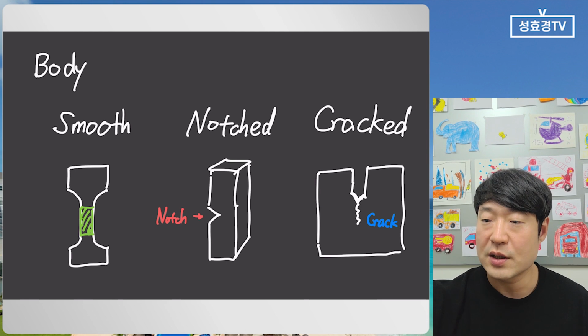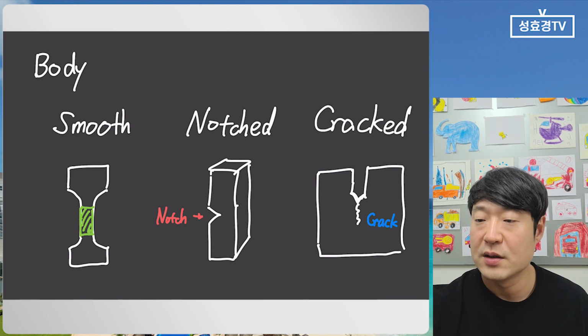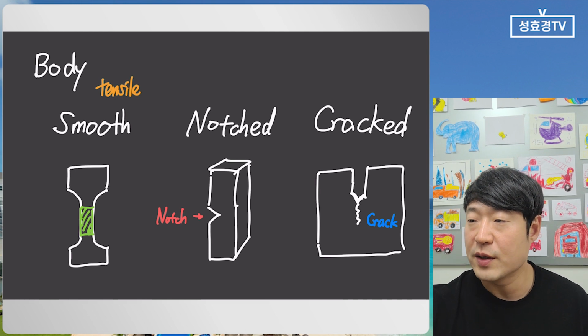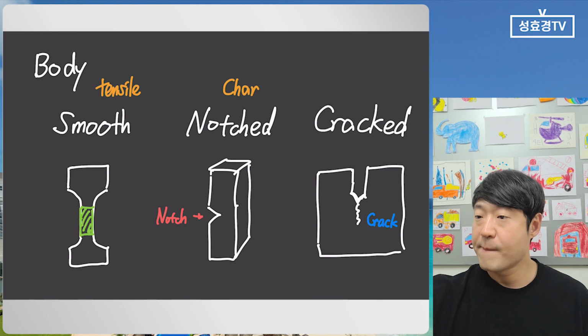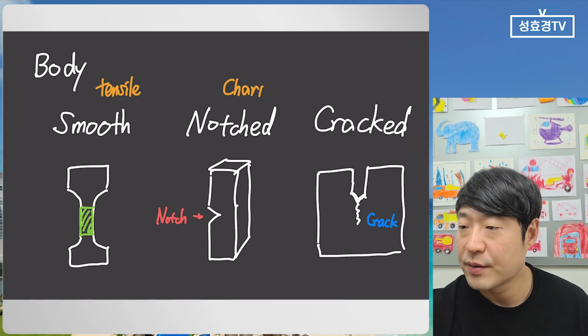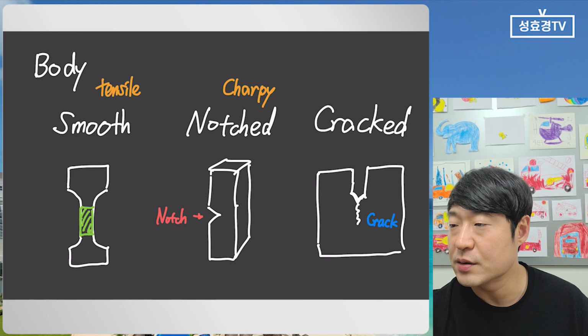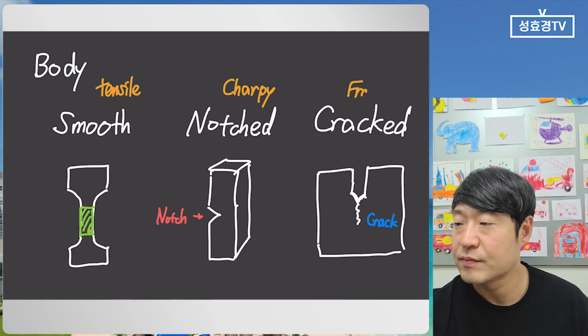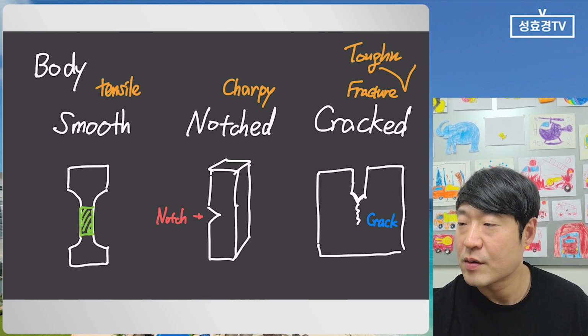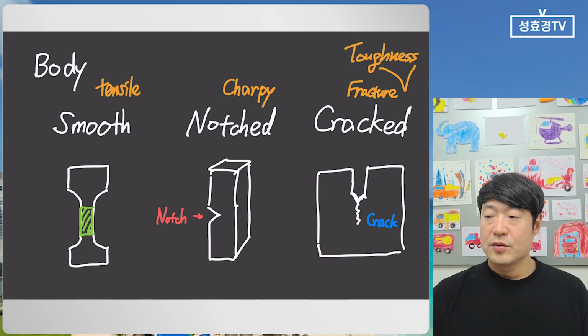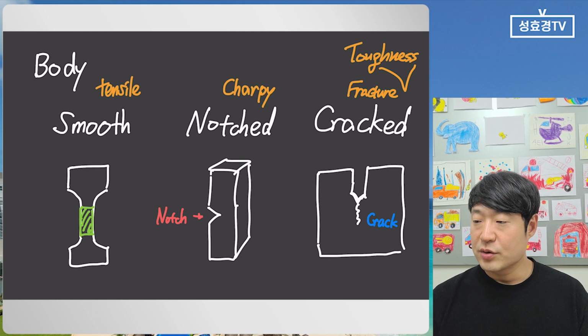So usually the smooth body is for the tensile test, and the notched body is for, for example, Charpy. And the cracked body is for fracture toughness. So that is the thing that we need to consider.